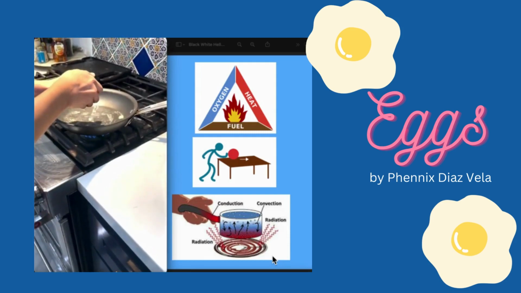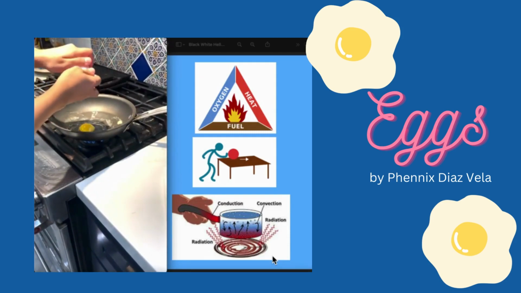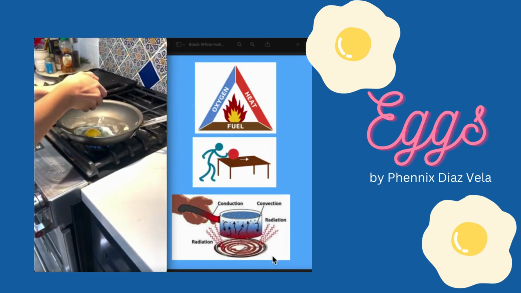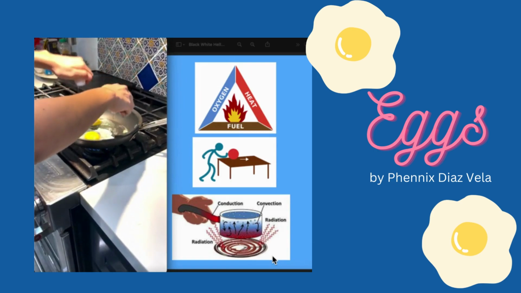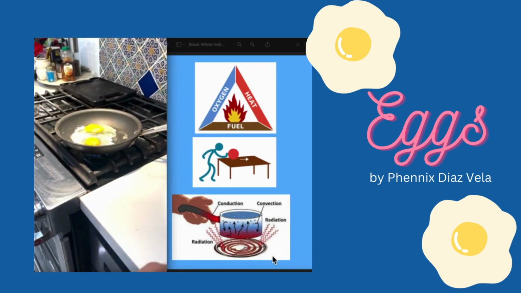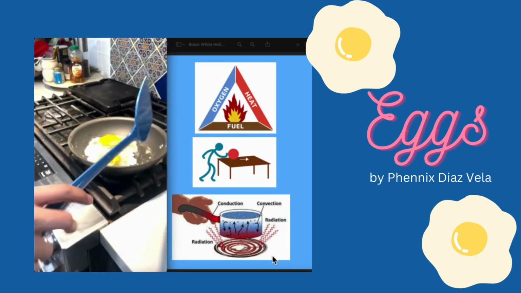After breaking, the eggs will start cooking through convection on the pan. Of course, you will want to break the eggs with the spatula first, so you can get scrambled eggs.